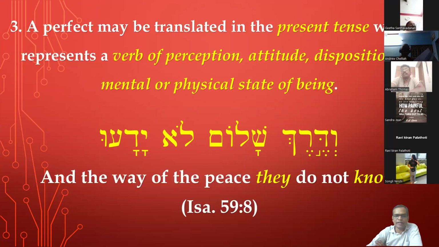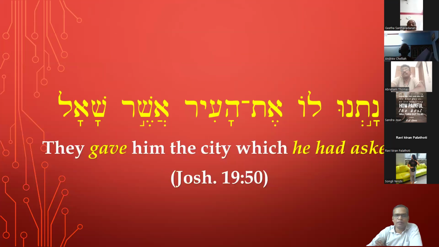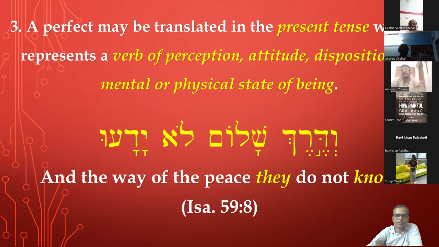All right. So this is the second way how Qal perfect conjugation can be translated. There is another, third way of translating. It can also be translated into present tense. But when will it be translated into present tense? When that particular verb is a verb of perception, attitude, disposition, or mental or physical state of being.